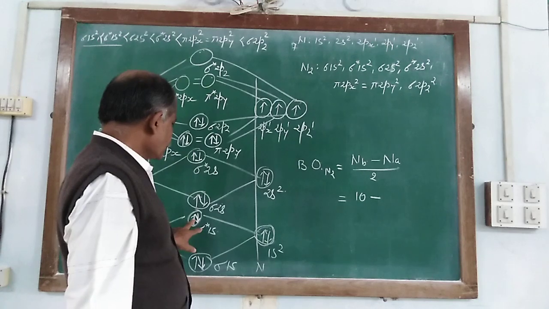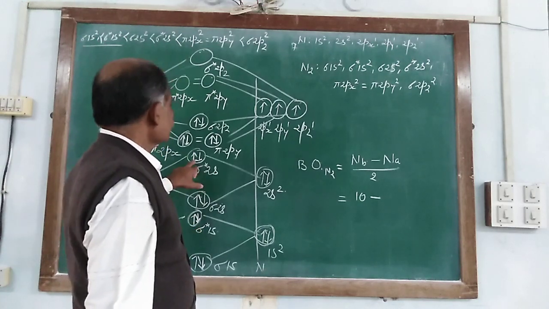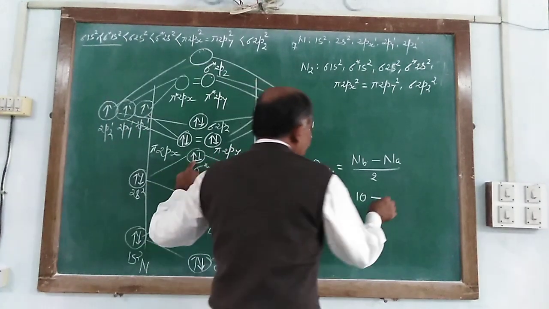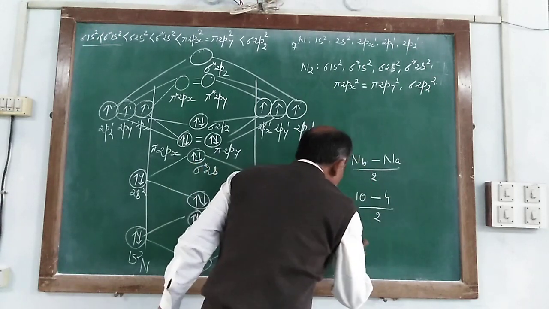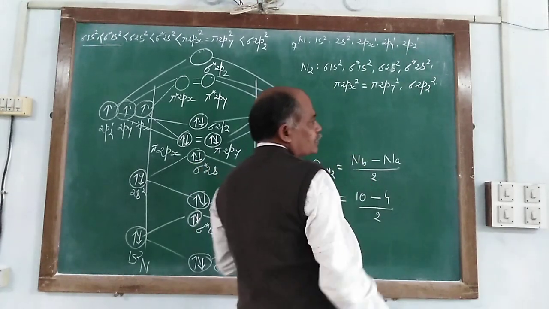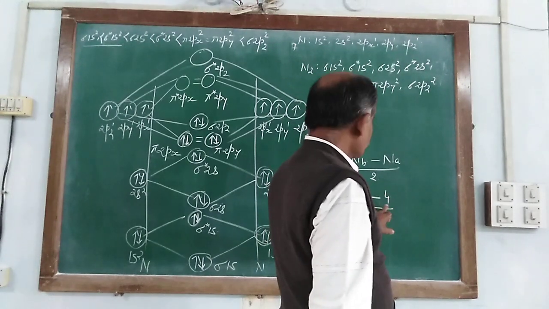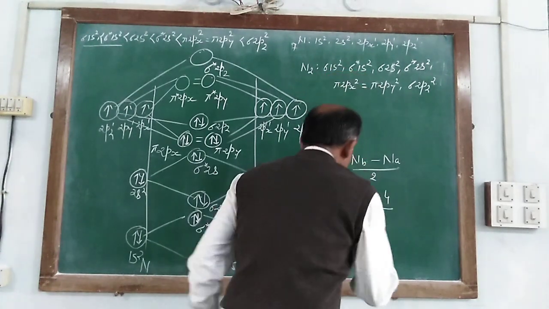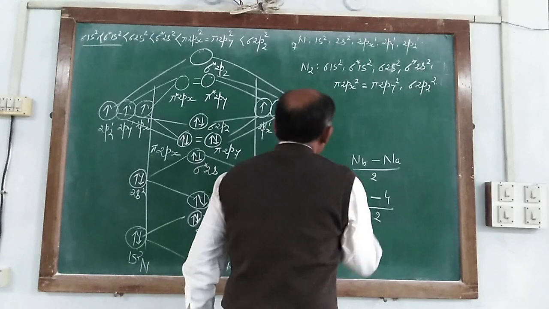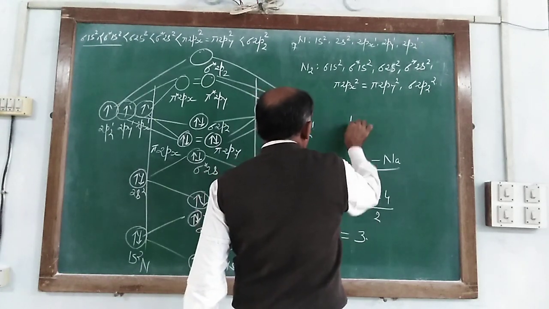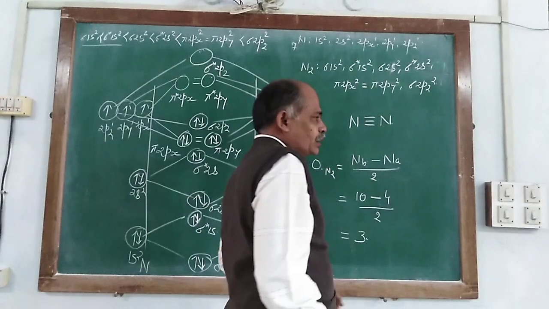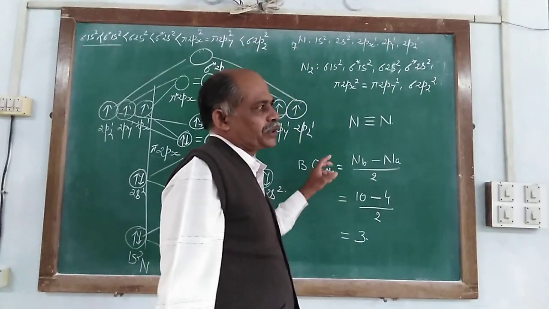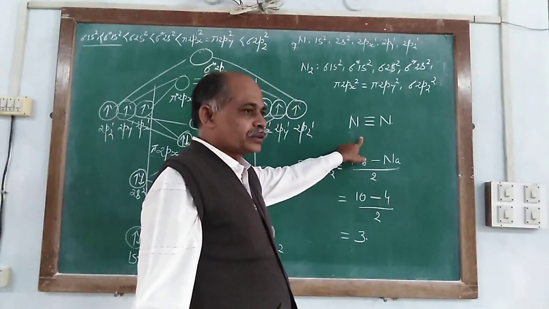So it is 2 and this 2, so it is 4, and divide by 2. So 10 minus 4 is 6, divided by 2. So it is 3. So in the nitrogen molecule, the nitrogen and nitrogen atoms are linked by the formation of 3 bonds.